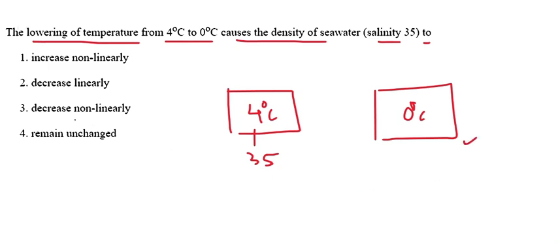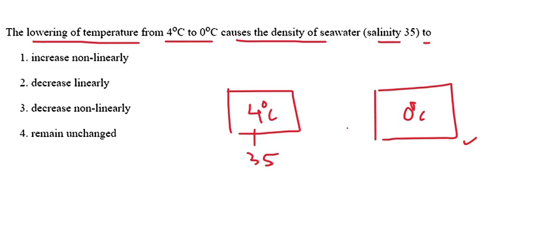If we are decreasing the temperature and freezing it, the salt present within the seawater will come out of the freezing part. The salt present within the seawater, due to freezing, will increase within the unfrozen part. The salinity is increased within that part.